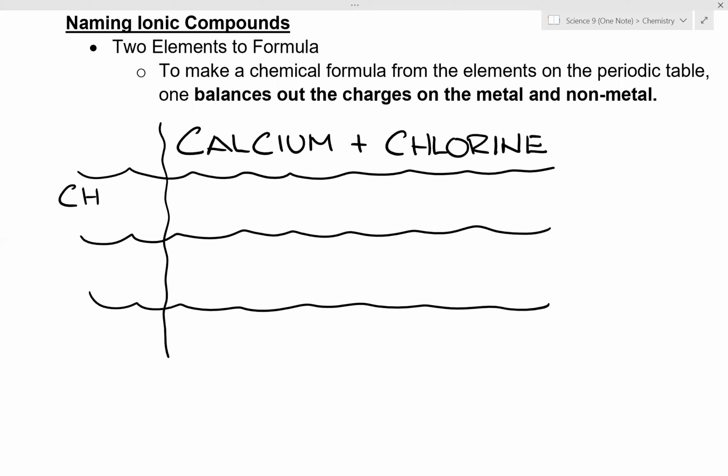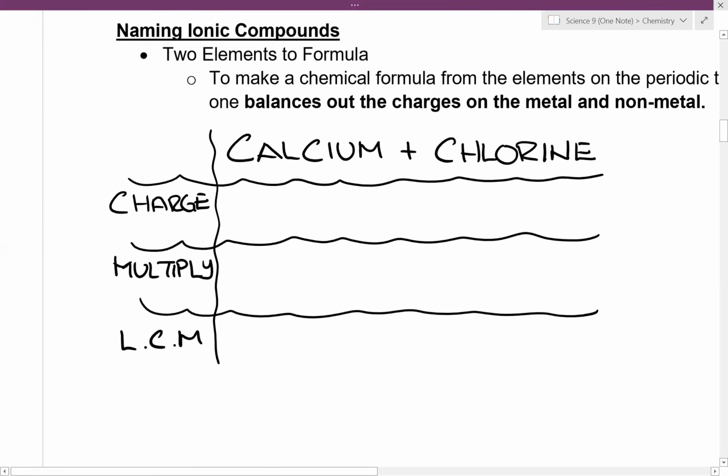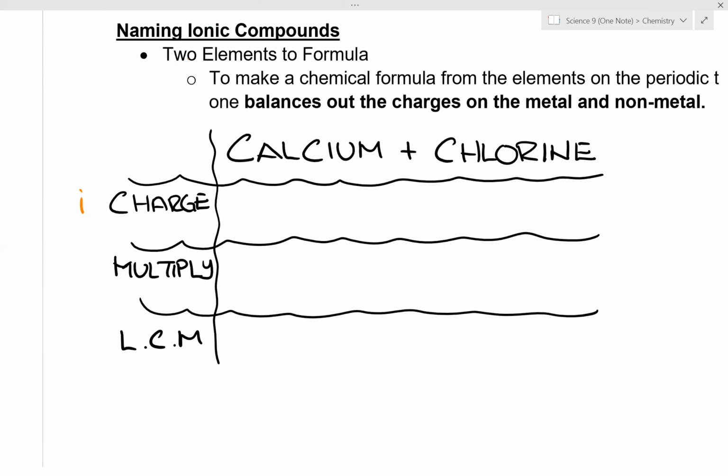It says a charge, a multiply, and an LCM. So step one would be finding the charge. Step two would be the LCM. Step three would be the multiplier. And step four is you write the formula.